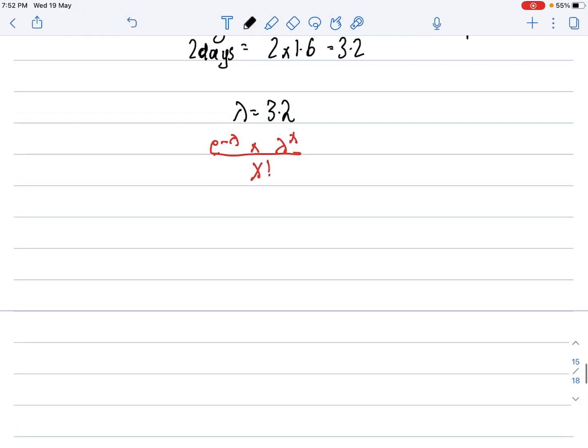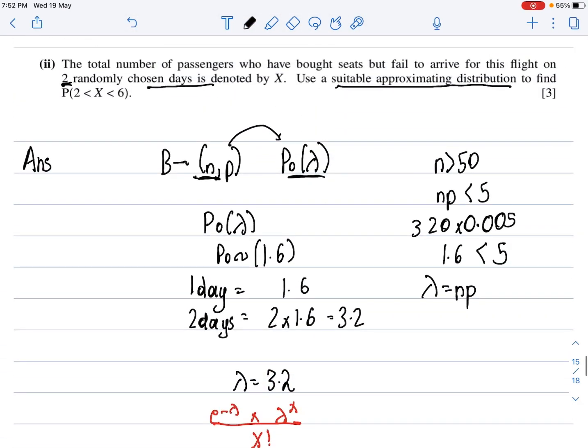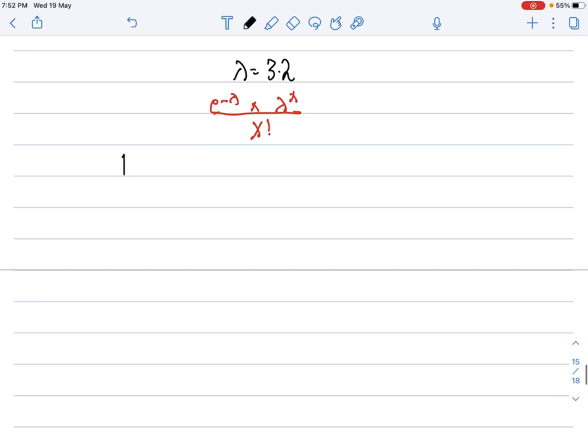Now what do I need to calculate? I need to calculate between 2 and 6, which means 3, 4 and 5. So the probability of X equals 3 plus the probability of X equals 4 plus the probability of X equals 5.